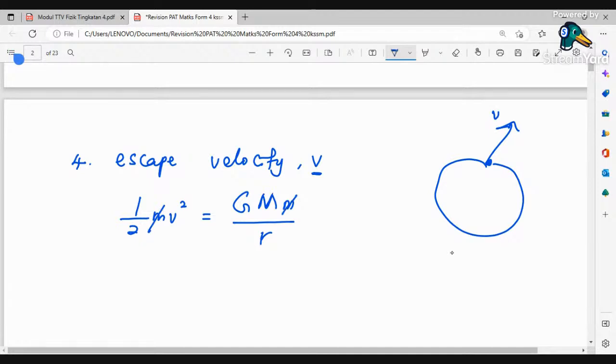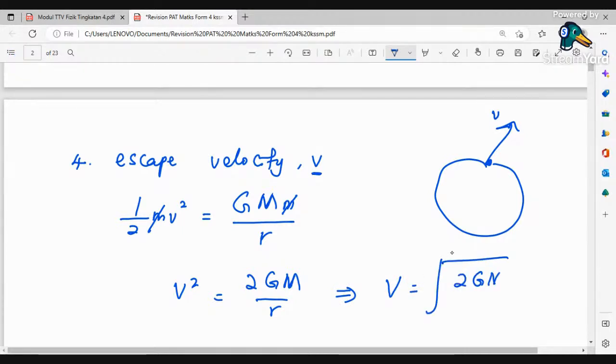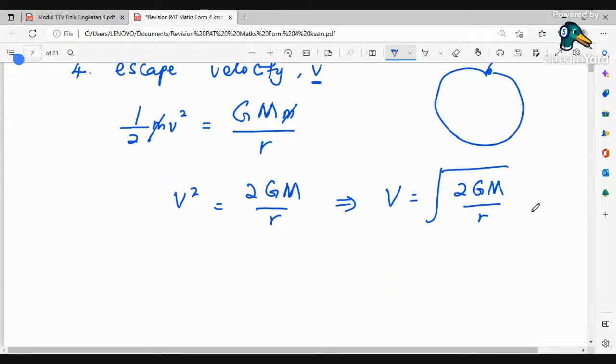So you have v squared equals 2GM divided by R. From here, escape velocity is the square root of 2GM divided by R. This is the formula for escape velocity.